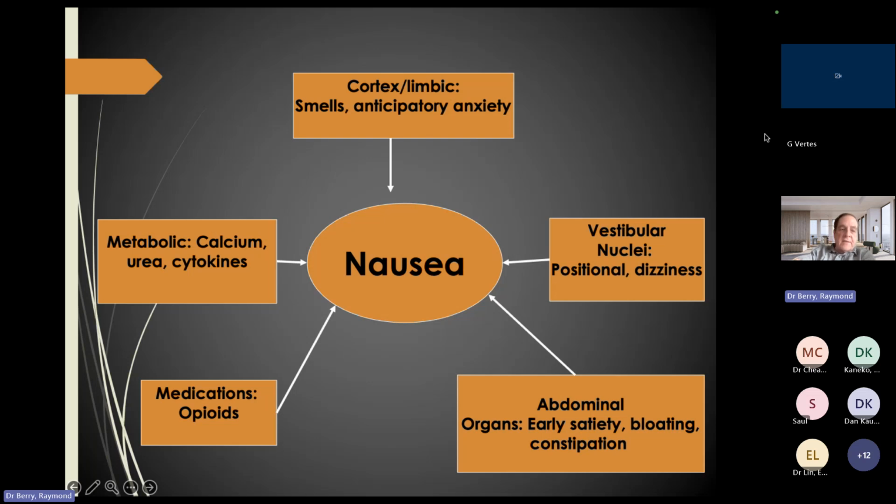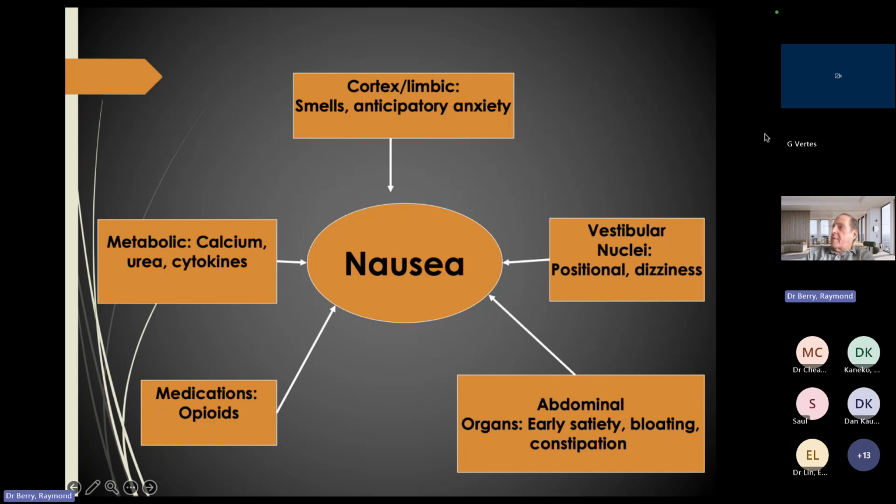Metabolic causes: calcium, high urea, lots of little inflammatory proteins cause nausea. Medications very, very commonly cause nausea, and I'll be talking about the exact pathway of this. Opioids are often implicated.